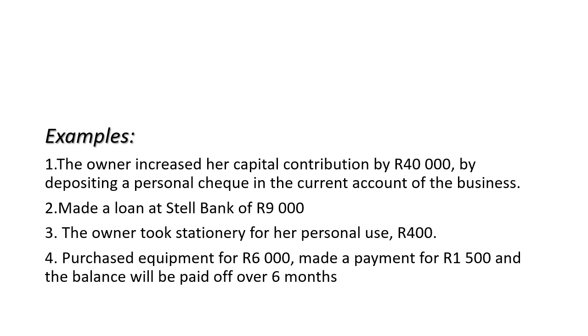So the effect this 6,000 will have on the accounting equation is it will add to the equipment and the assets. So we will have plus 6,000 and debit equipment. And the bank is also affected and the bank has decreased by 1,500.